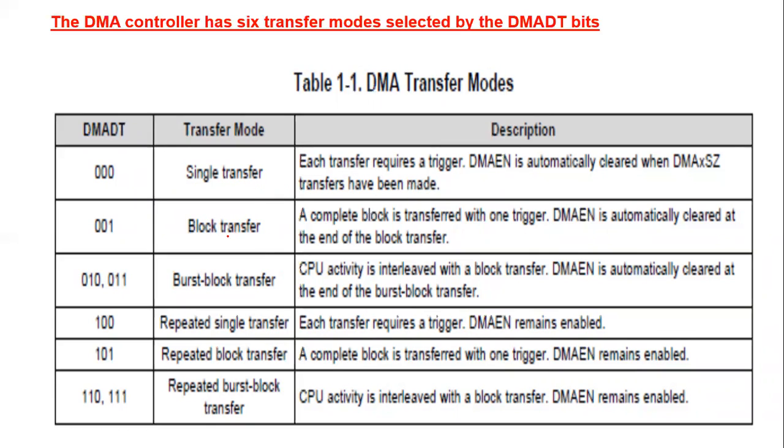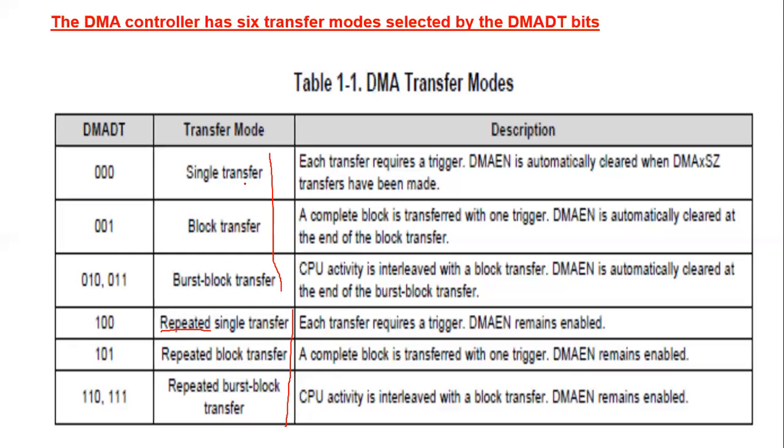Single transfer, block transfer, burst block transfer, repeated single transfer, repeated block transfer, and repeated burst block transfer. The same three again, but we add the word repeated. The same operation can be repeated. So that is the remaining three.